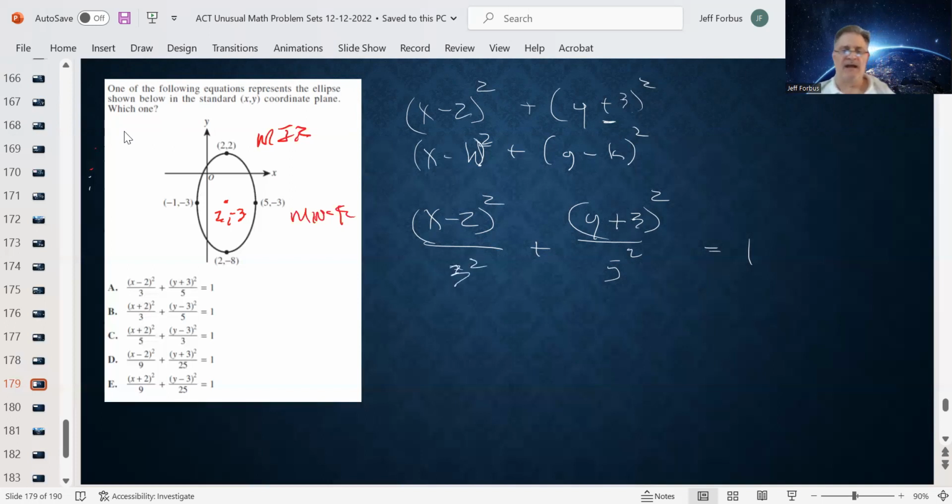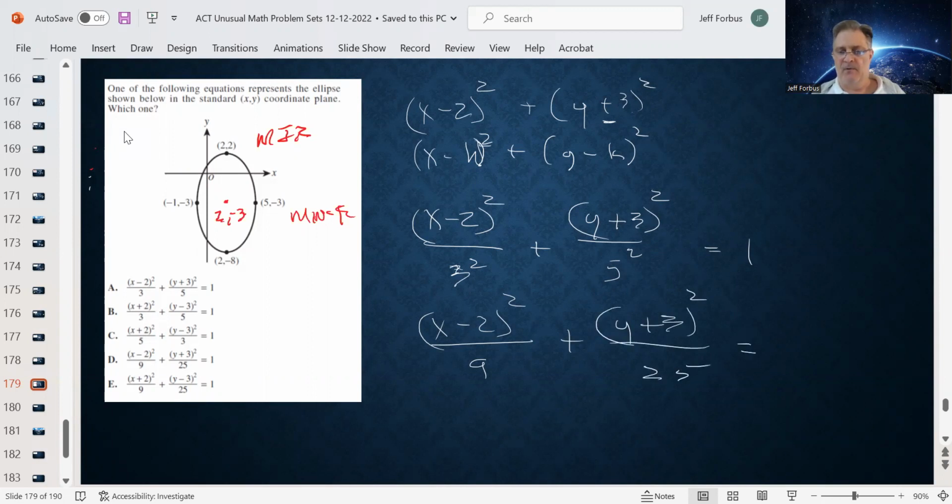Now you can rewrite this equation as saying x minus 2 squared over 3 squared, which is 9, plus y plus 3 squared over 25 is equal to 1. And therefore, we found our solution, which is going to be answer choice D, as in dog.